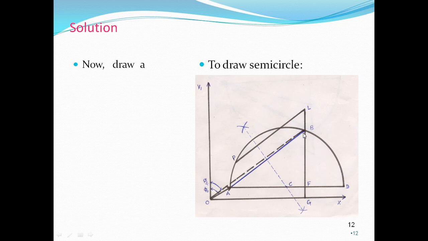Now from B draw a vertical line, that is BE. You measure this one. You got 6 point how much?